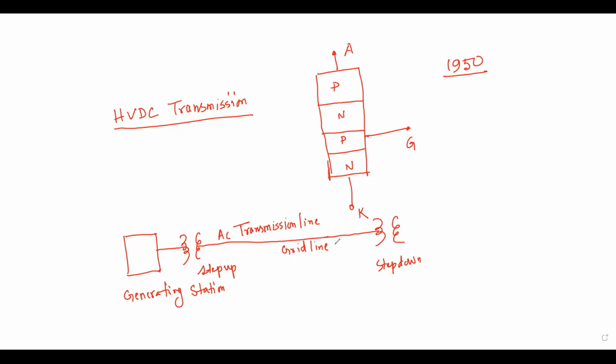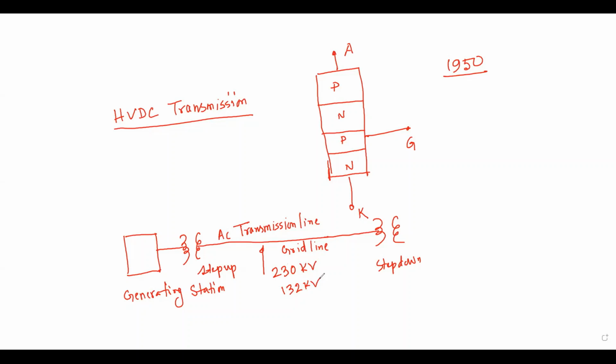Any idea? 33 kV, sir. No. In some cases the voltage is 230 kV, in some cases 132. Very high voltage transmission. Do you know why the voltage has been stepped up? What is the reason behind it?